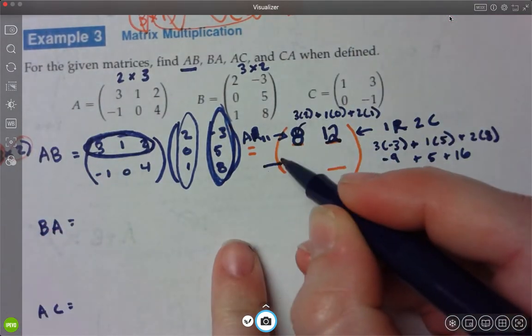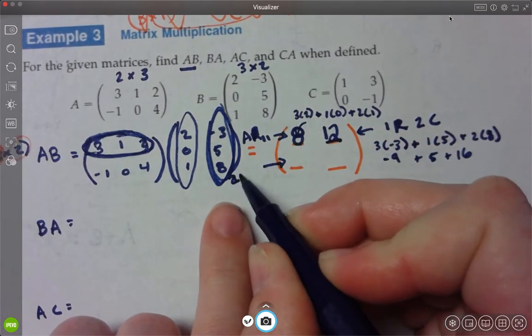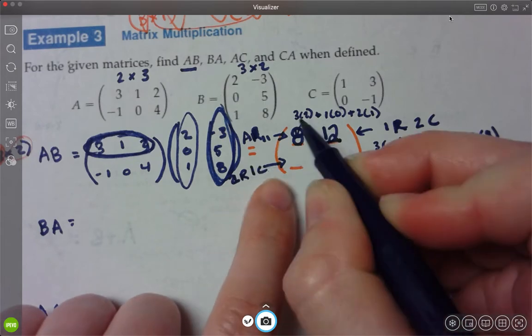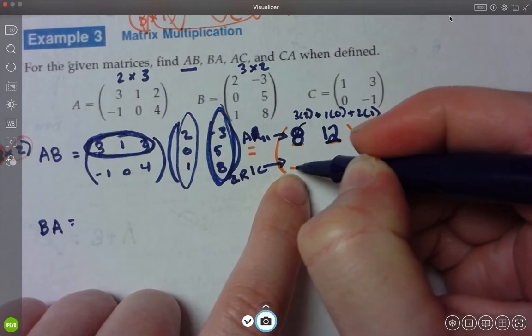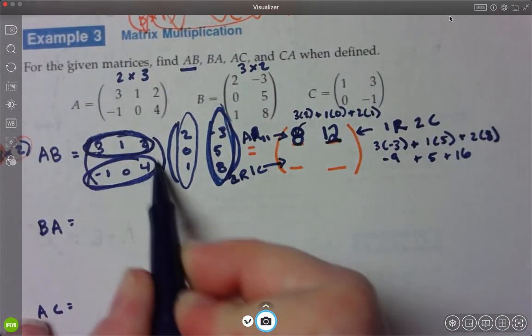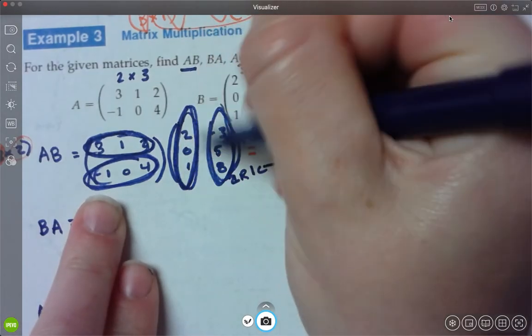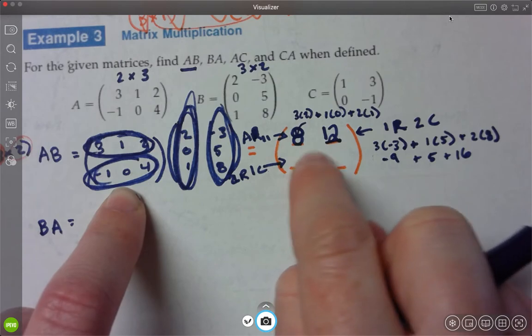Now this cell is the second row, first column in this matrix. So I take the second row times the first column, and then add them together to get this piece.